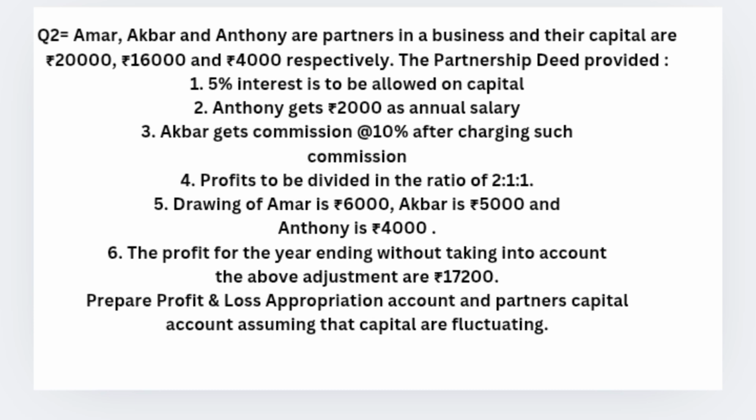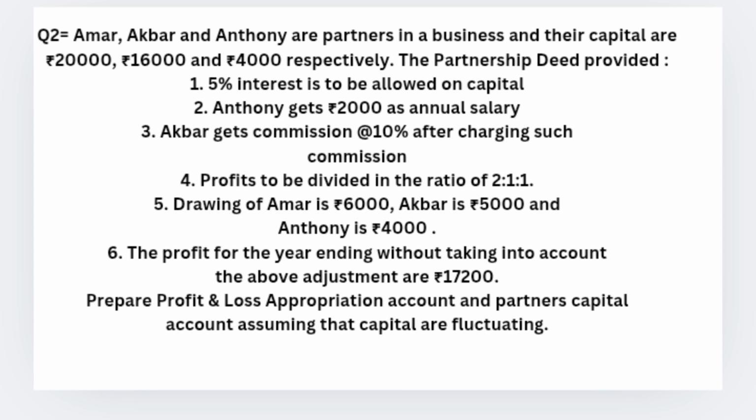I will show you the formula. Number 4, profits to be divided in the ratio of 2:1:1. Number 5, drawings of Amar are 6,000, Akbar 5,000, and Anthony 4,000. The profit for the year ending without taking into account the above adjustments is 17,200.